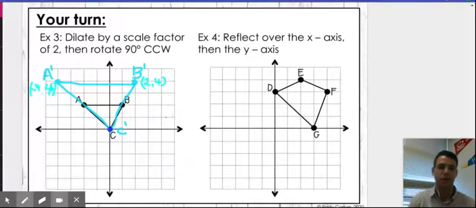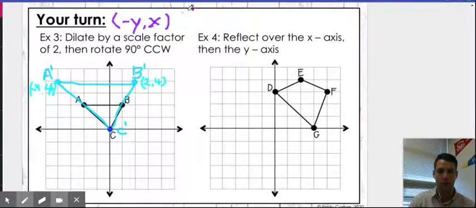Now that we've finished dilating our original pre-image to our blue image, A prime, B prime, and C prime, we're going to rotate it by 90 degrees counterclockwise. Remember, 90 degrees counterclockwise is (-y, x).